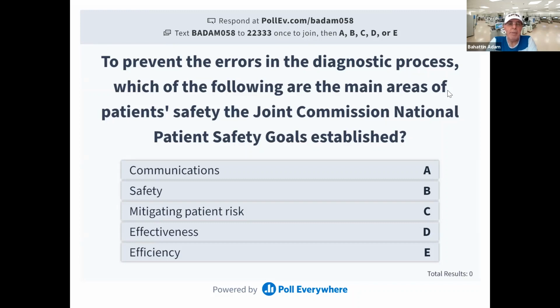Communication, safety, mitigating patients' risk, effectiveness, efficiency. Okay, these are all a kind of precaution, but two of them are about the Joint Commission National Patient Safety Goals.